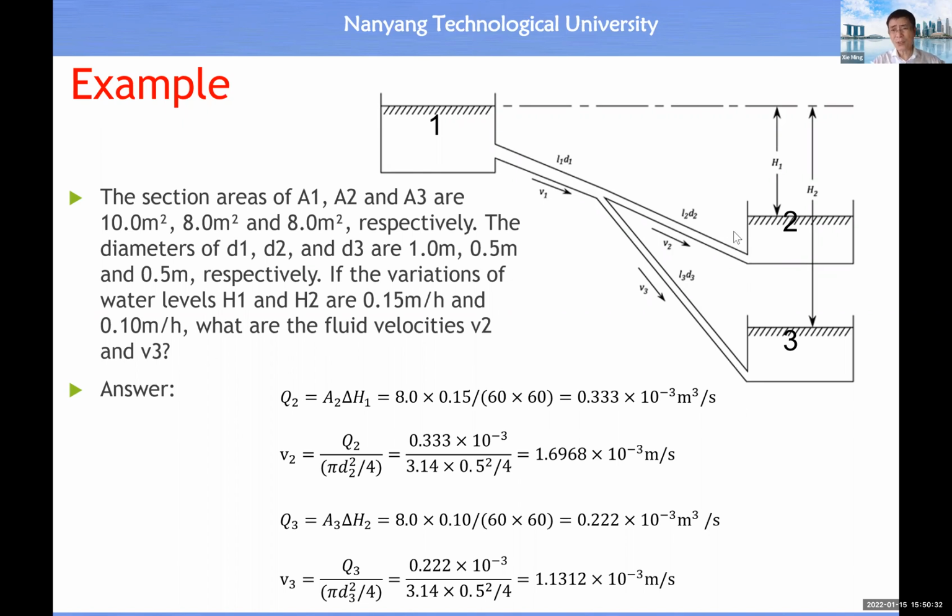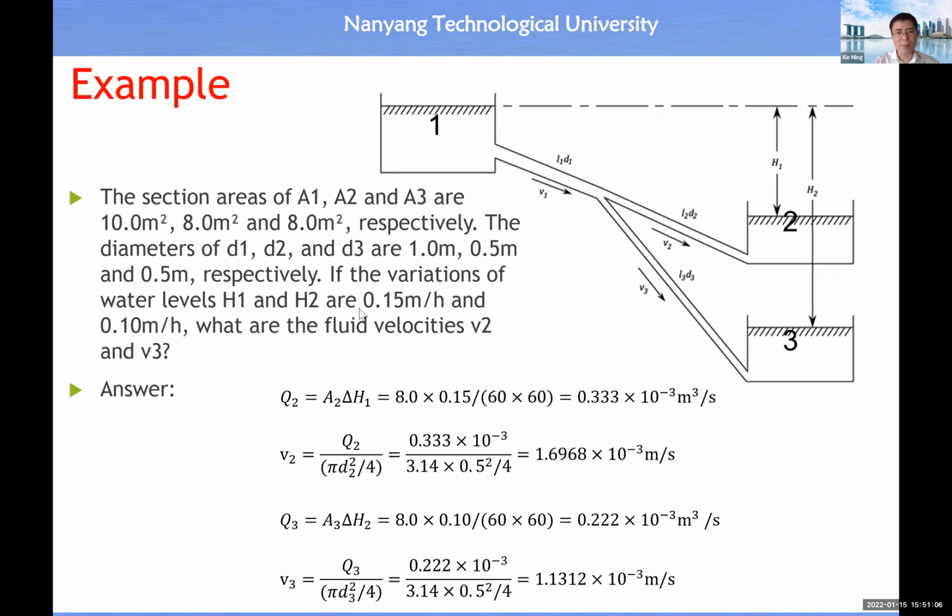So you will see this basically means the fluid velocity at the inlet to tank 2 and at the inlet to tank 3, right? So here we just calculate the volume variation, because the question tells you the level increase or decrease in tank 2 and tank 3. So the variation of the level times the sectional area gives us the volumetric flow rate, okay? Volumetric flow rate is area times the variation in height.